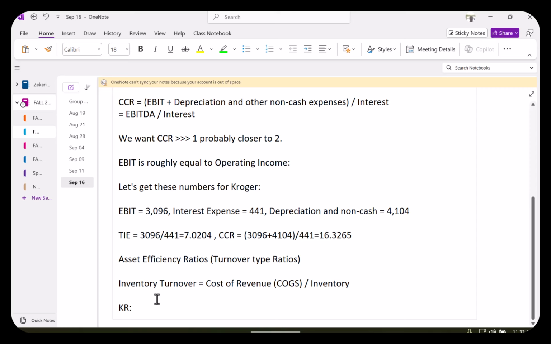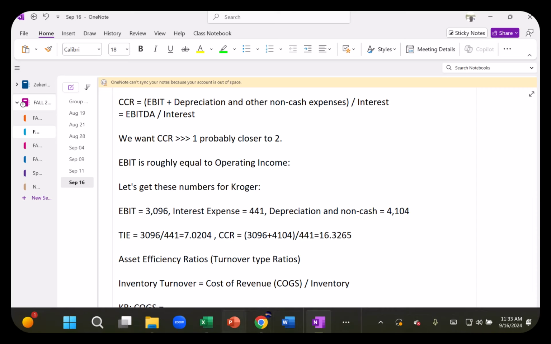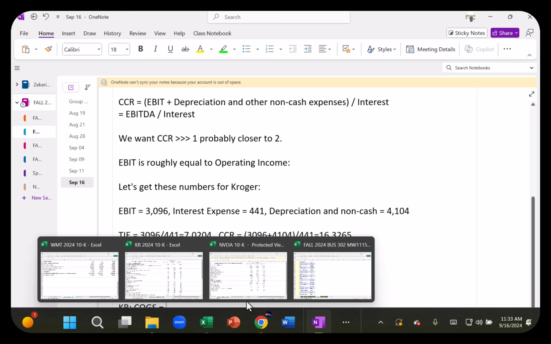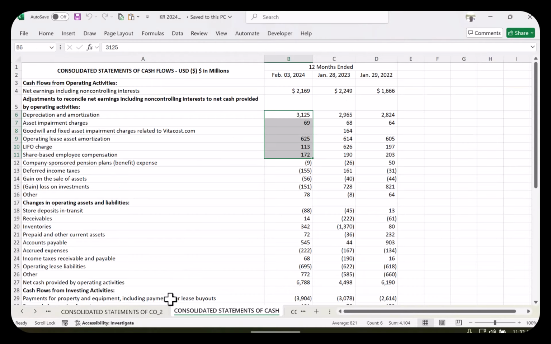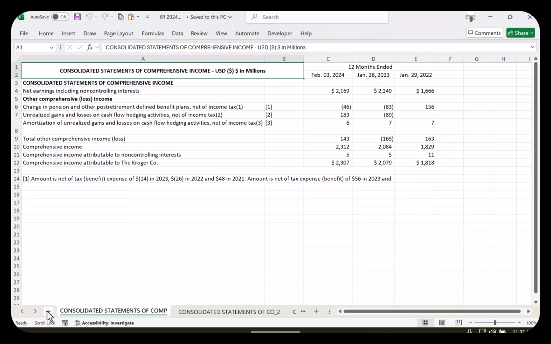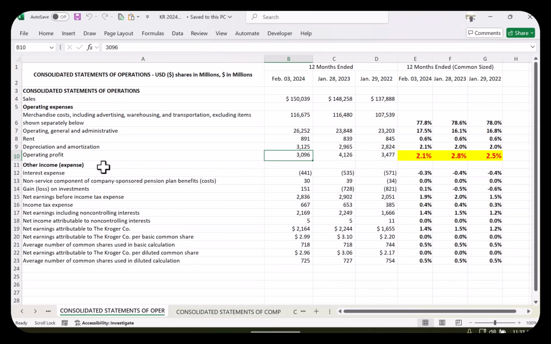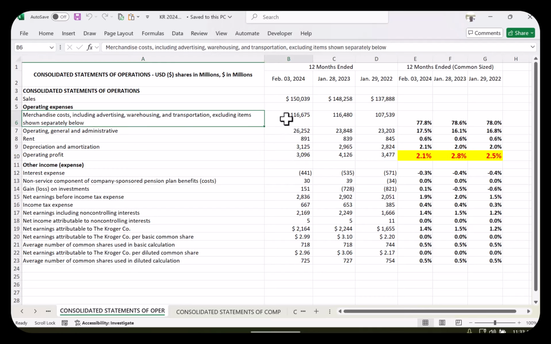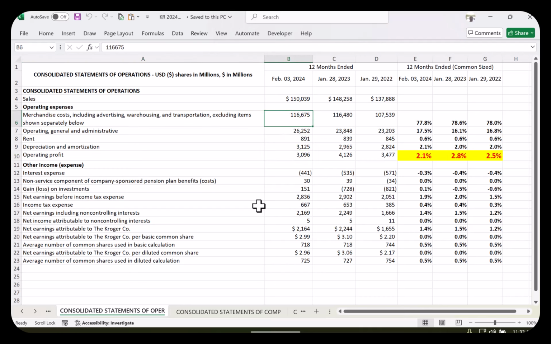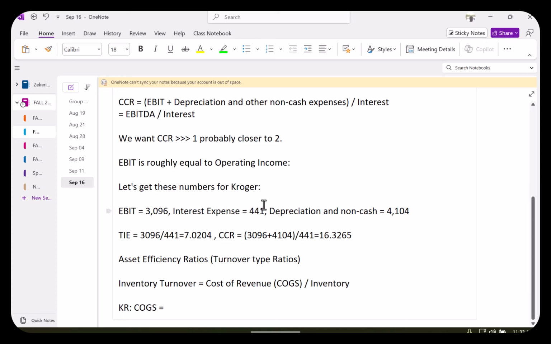But let's just get the cost of goods sold numbers. Remember, that's in the income statement, or as they call it, statement of operations, 116675.